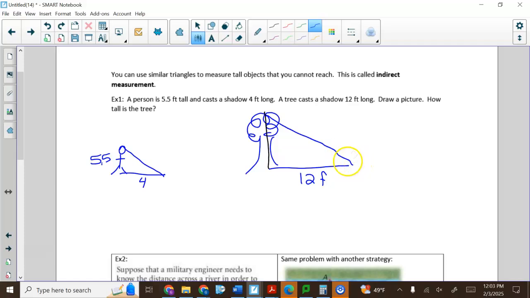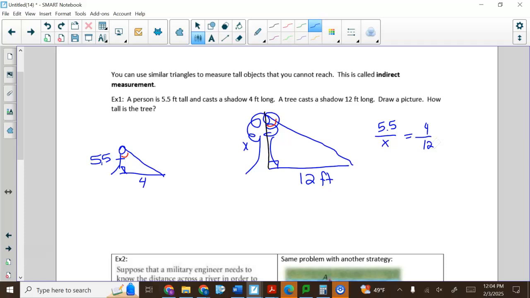So what we can do is call the height of that tree x, and because the person and the tree are standing straight up, and the angle that the sun is coming at, these are going to be similar triangles by angle similarity. So we can say 5.5 over x equals 4 over 12, and cross multiply and solve.